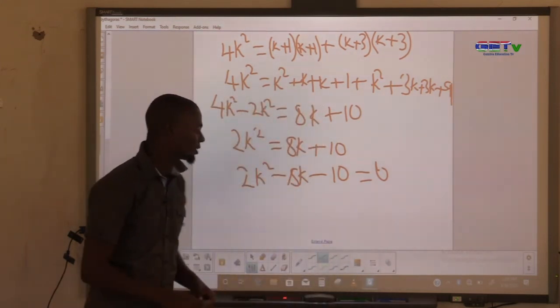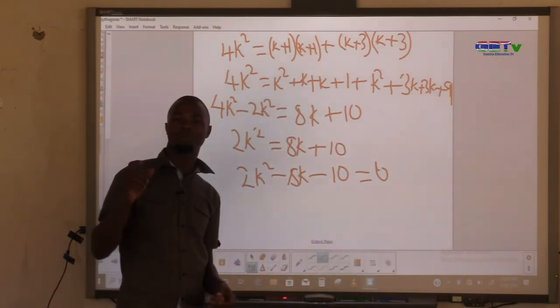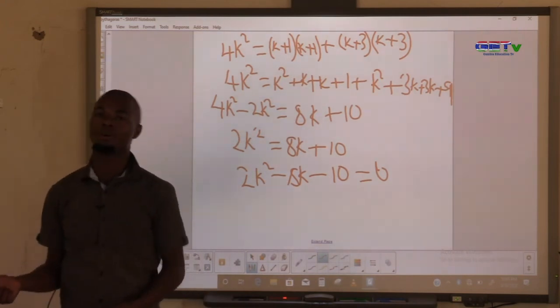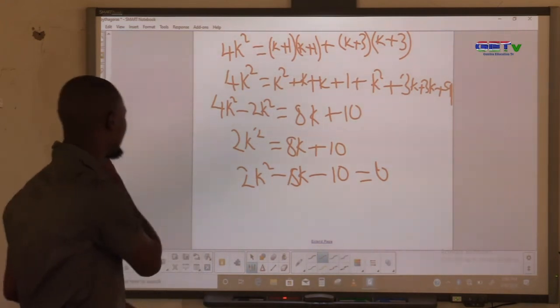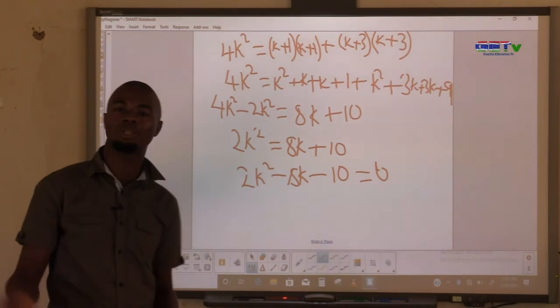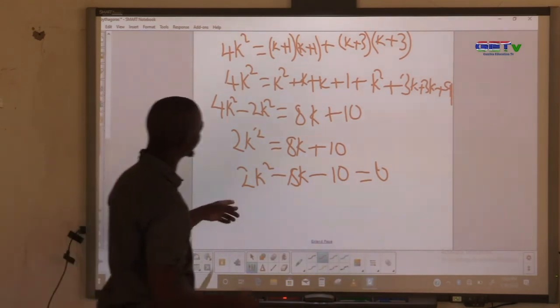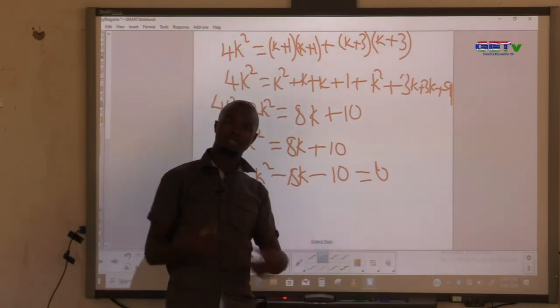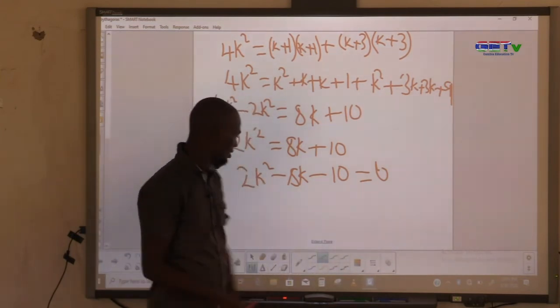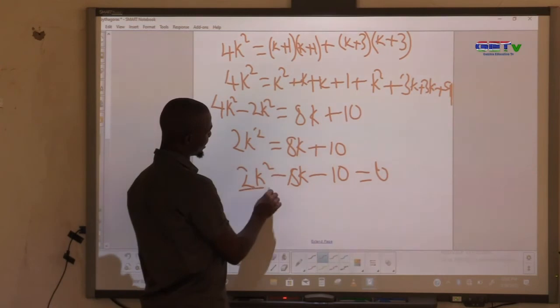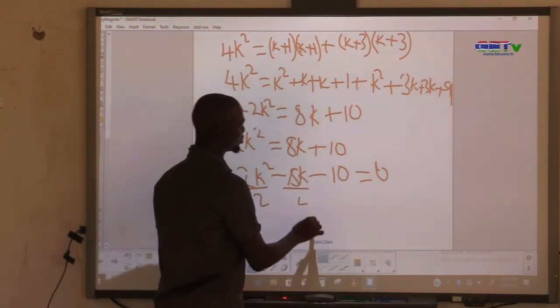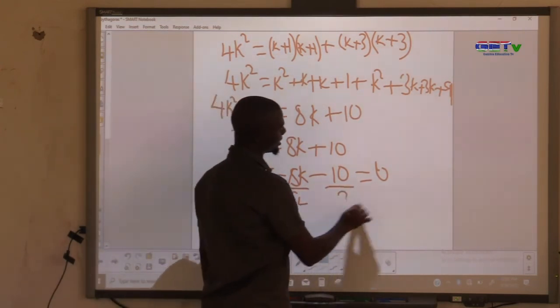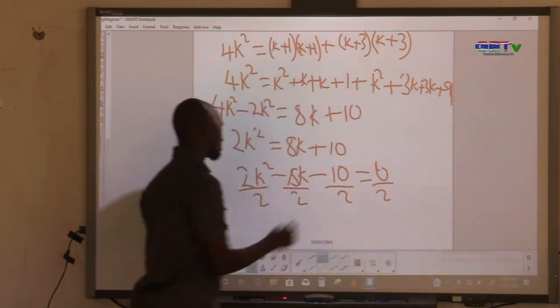We use the quadratic format either by factorization or completing the square. We can also reduce the equation because this is 2k square, 8k, minus 10. So 2 can reduce everything. If you reduce, you divide here by 2, here by 2, and here by 2. You are dividing throughout.